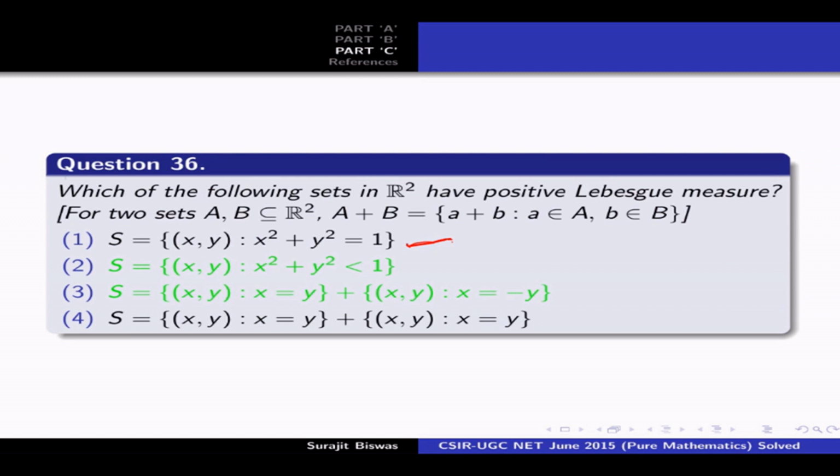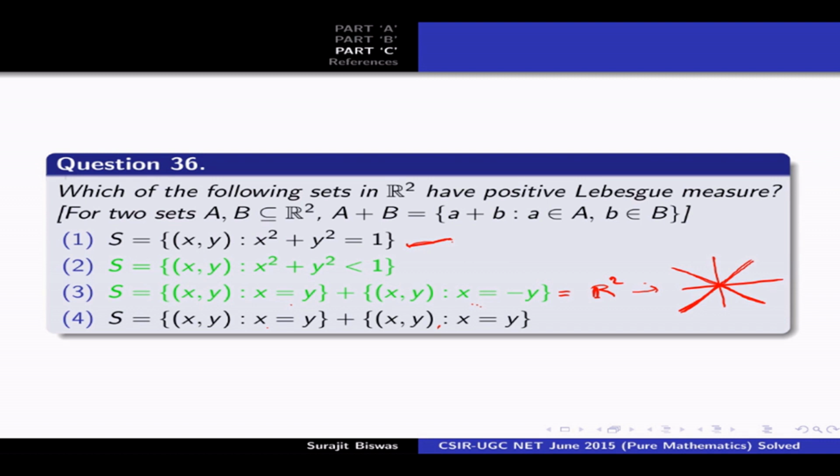This can be shown to equal R2, because any point can be written as a sum of an element from one line and an element from the other. And the last one is the same thing, adding twice, therefore it is just the line x equal to y in R2.